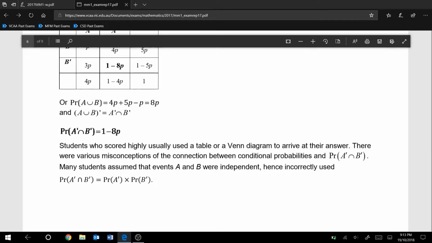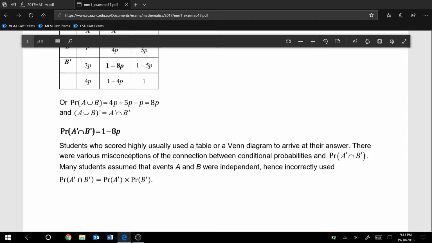Students who scored highly usually use the table or Venn diagram to arrive at their answer. There were various misconceptions on the connection between the conditional probabilities. Many students assumed that the events were independent and multiplied. You can't assume it's independent unless it's specified in the question. Never assume that it's independent.